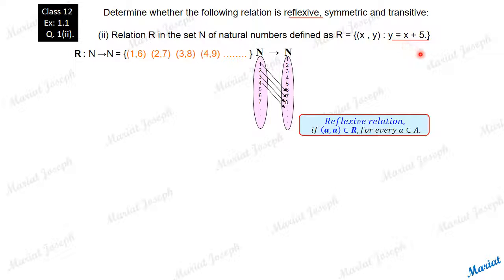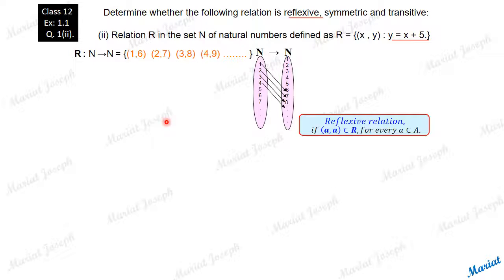Is it possible? Can (x, x) be included in the relation? Check. x plus 5 cannot be x. (x, x) will not satisfy this equation. That is why none of those elements are taken in this relation.